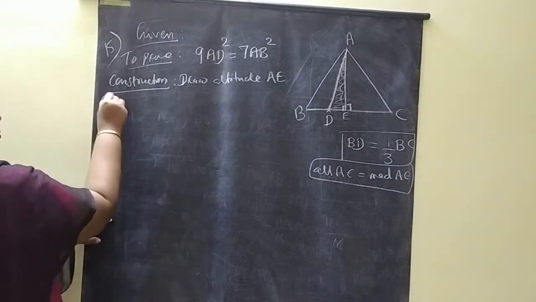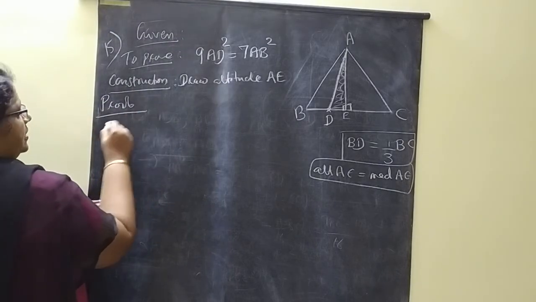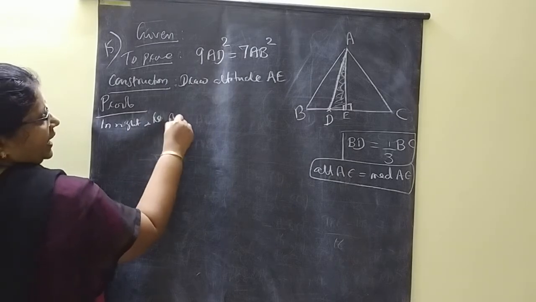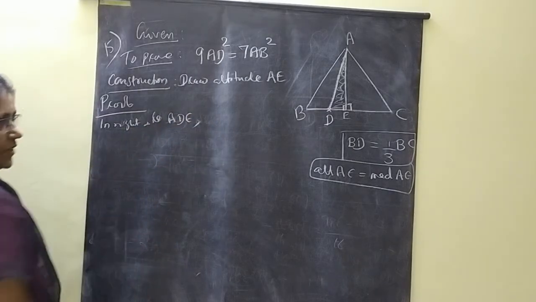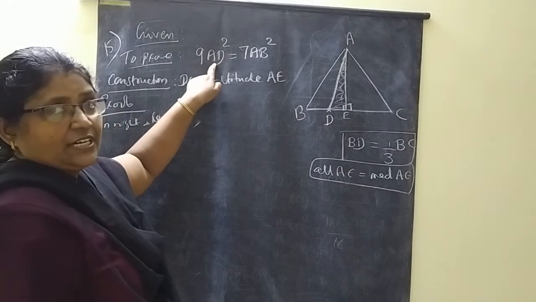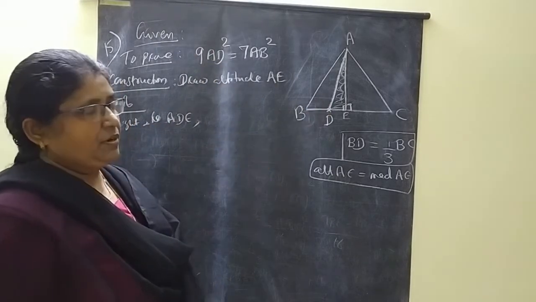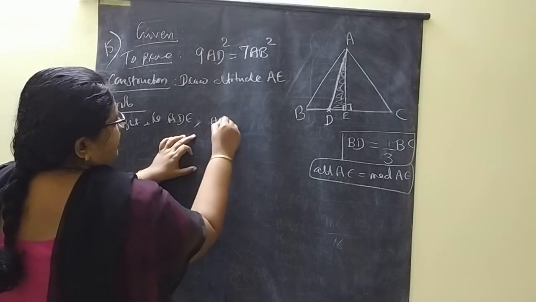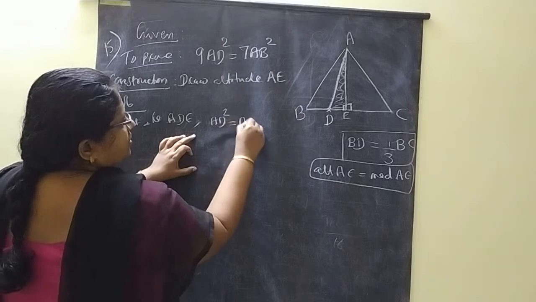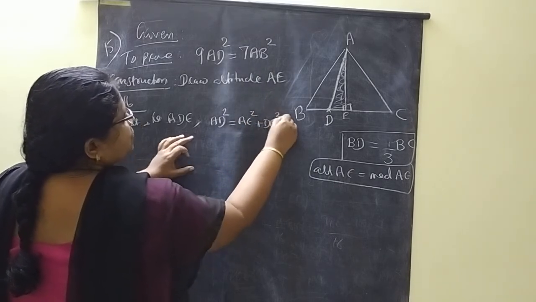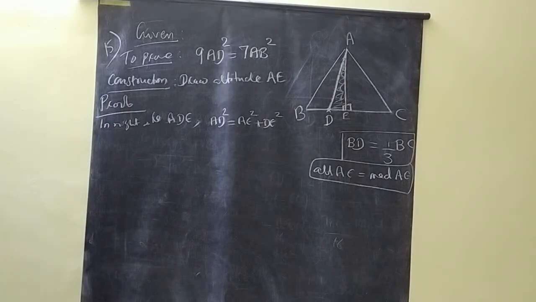So, proof we are starting. Consider a right triangle ADE. Understood? Since the answer contains this particular term, we are starting from there. So, in that triangle, AD square is equal to AE square plus DE square. Understood?